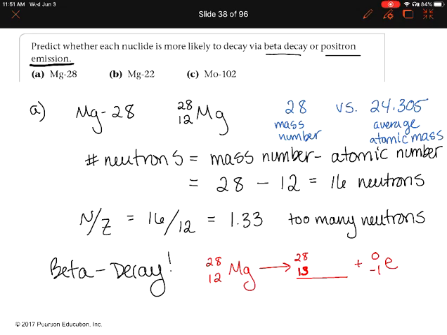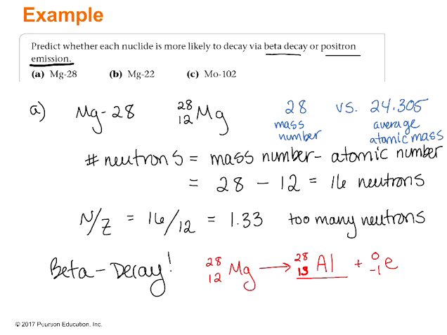So, the element with atomic number 13 is aluminum. All right. So again, we're showing that an unstable nucleus with too many neutrons is going to convert one of those neutrons into a proton. And that's going to create a more stable nucleus.